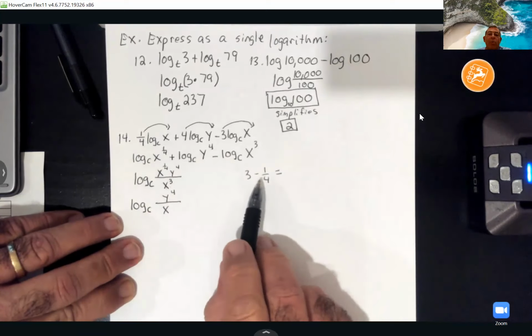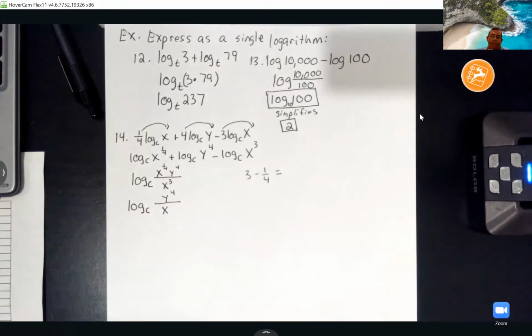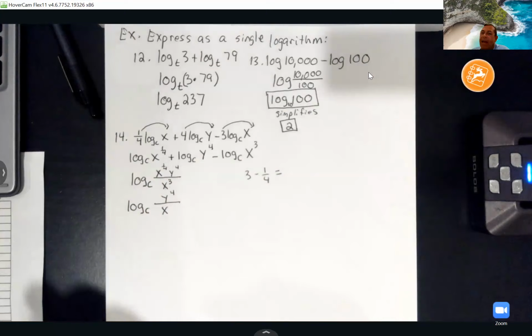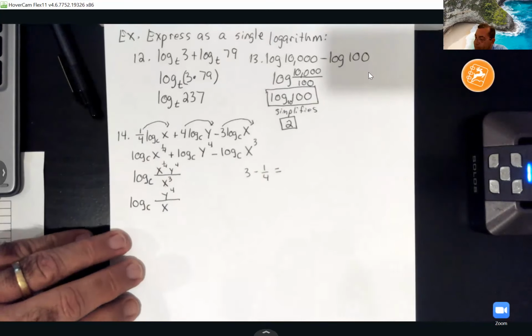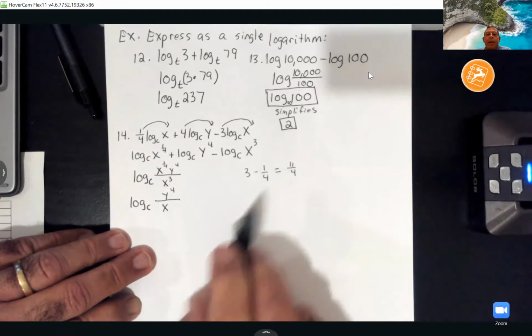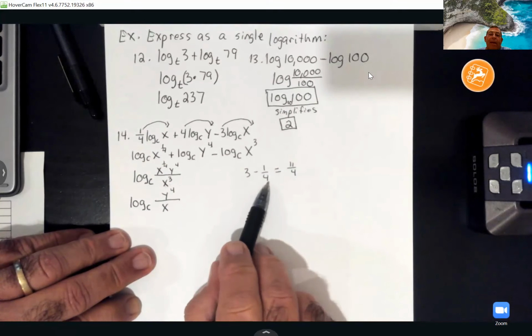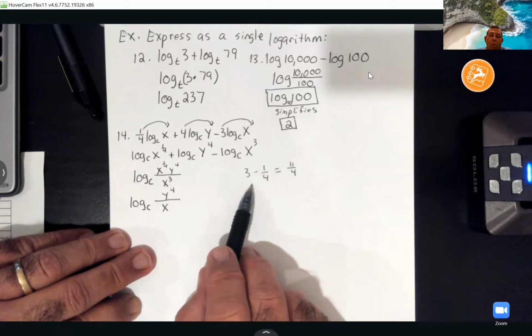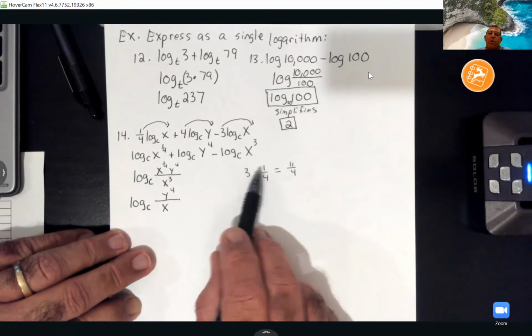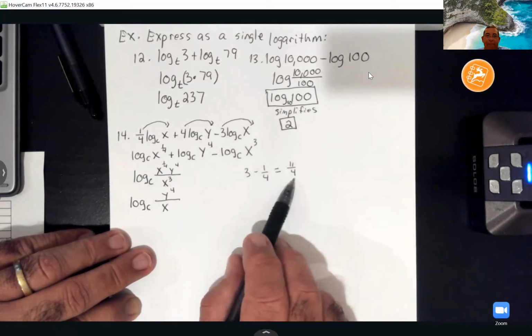So what do we get when we do 3 minus 1/4? 2.75. Now make that a fraction. 11 over 4. So 11/4. So if you turn the 3 into a fraction to match that, you'd have the 4 on bottom, multiply the top by 4, so you get 12 minus 1, which is 11 over that 4.